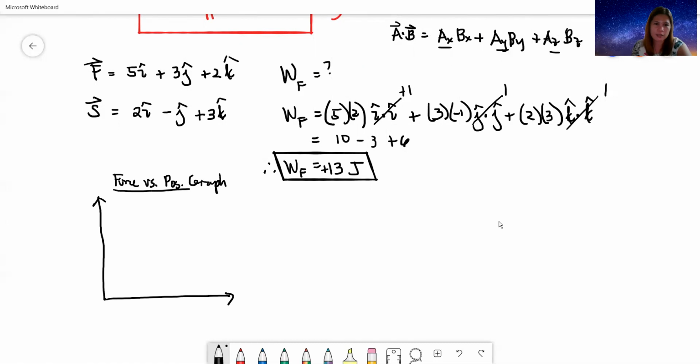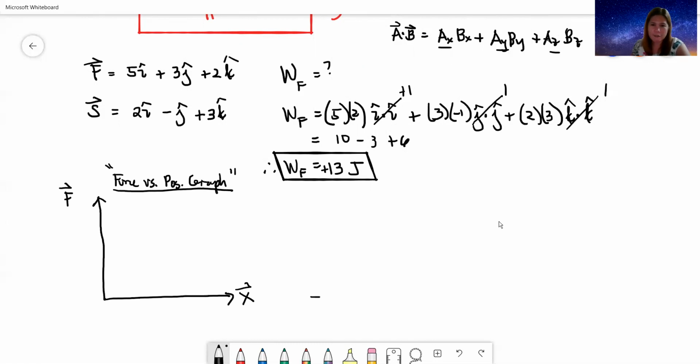I asked you sa graphing na dapat merong title ang graph. Anong next dito? Lalagyan natin ng label ang x-axis. So dito ngayon si position, siya ang independent variable. And then unit lang muna ang variable. Hindi ko lalagyan kung meter or centimeter, whatever. And then this one here is your force.